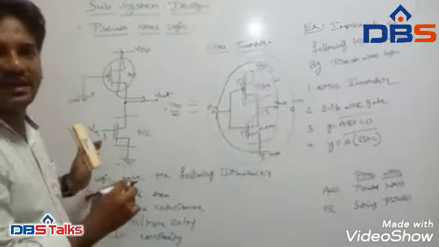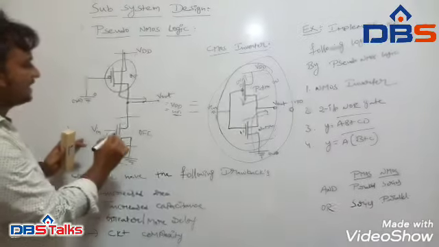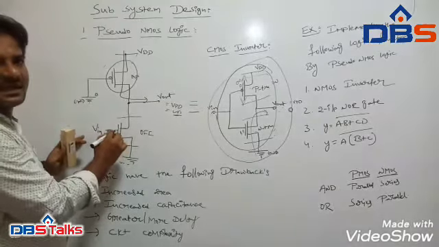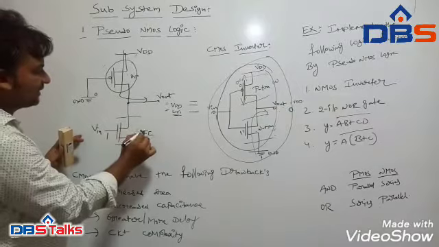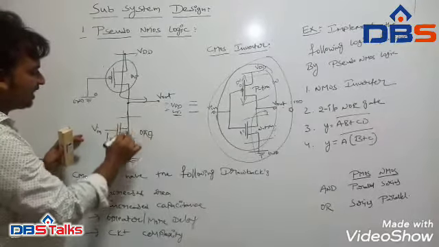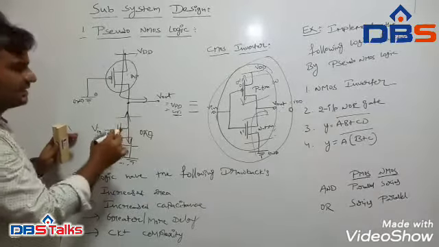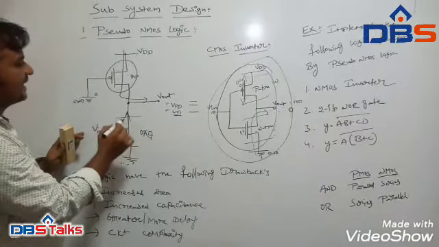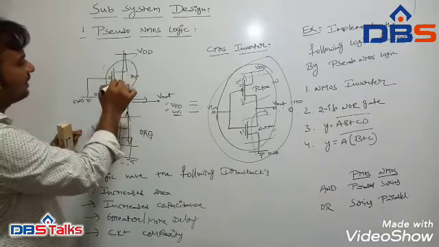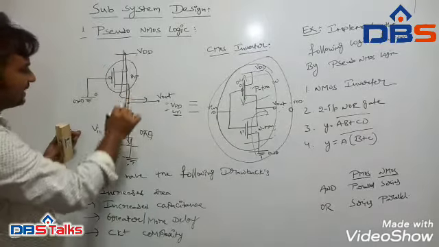Now consider the second case. Whenever we give 1 as the input, the NMOS will be a closed switch. That means on switch, the path will exist, so the current direction will exist from one end to the other end. In this case this will be on and this will also be on, so at that time we will get 0.